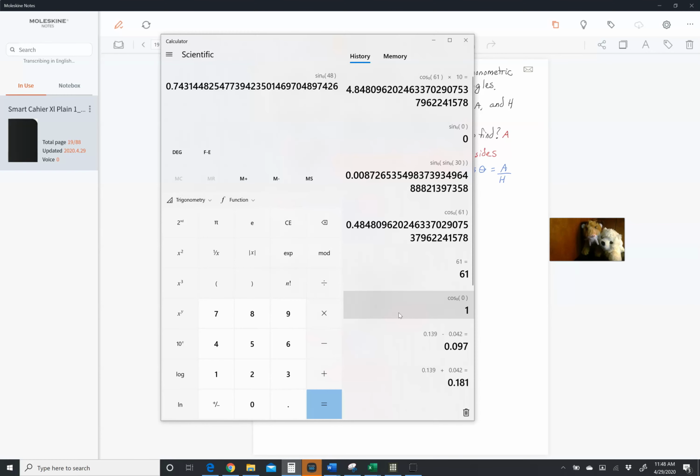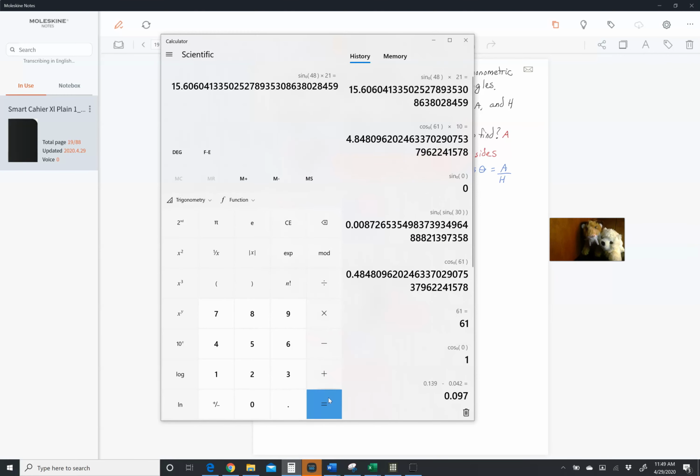Then we're going to multiply by 21, and we get 15.61. We want to round to the nearest hundredth. The next number is a 6, so that 0 goes up to a 1.